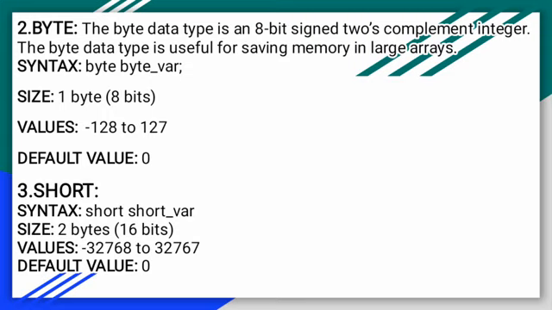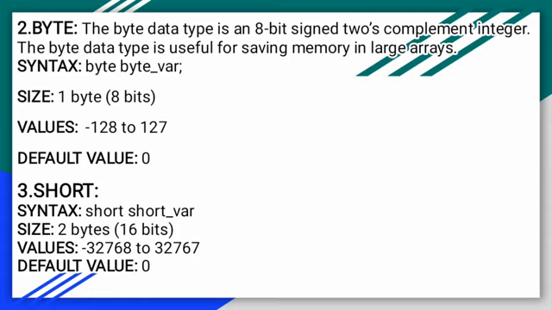So now we are going to discuss short data type. Short is an integer data type which deals with integer values. The syntax with short data type is short space short variable. The size of a short data type is 2 bytes, that is 16 bits.